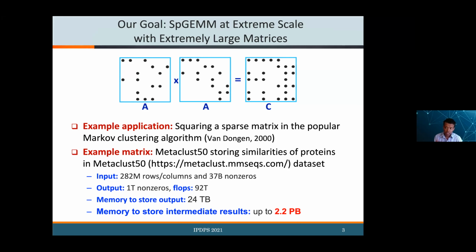And in SpGEMM computation, in the worst case, we may need up to 2.2 petabytes of memory if our multiplication is done in a certain way. So we can observe from this example that sparse matrix multiplication may need lots of memory, and the computation can be super expensive. Our paper is about this particular setting, where we'd like to consider matrix multiplication at extreme scale that requires a huge amount of memory to compute.